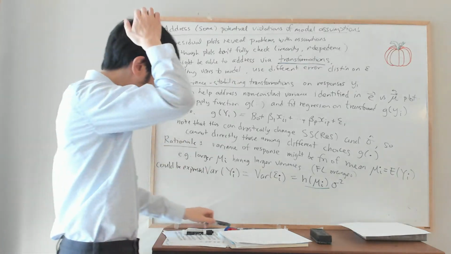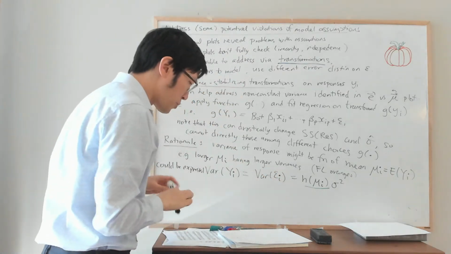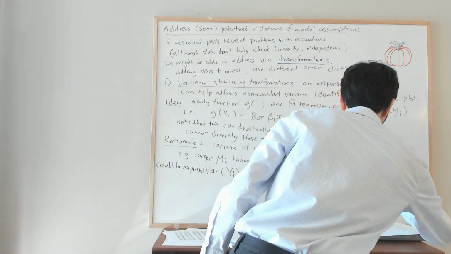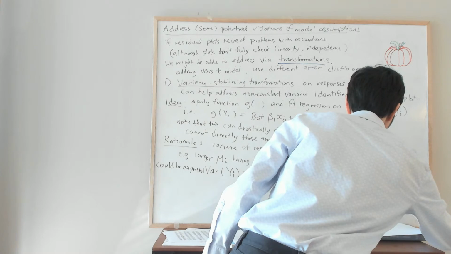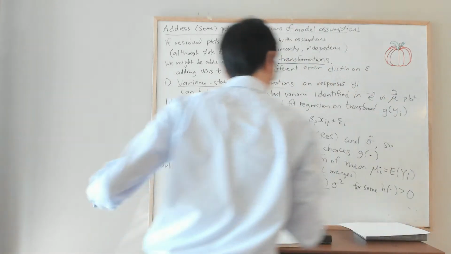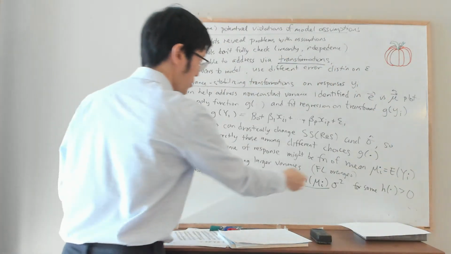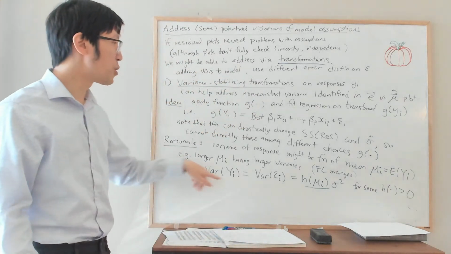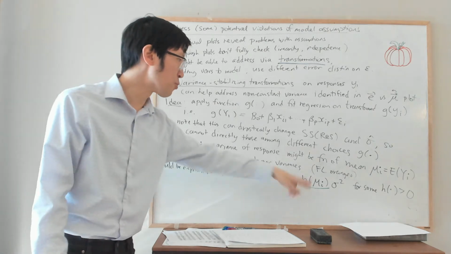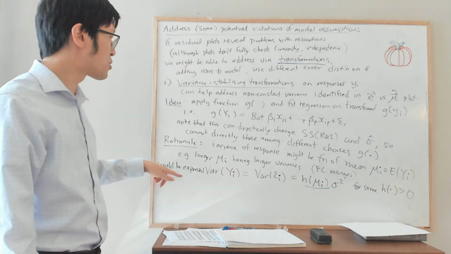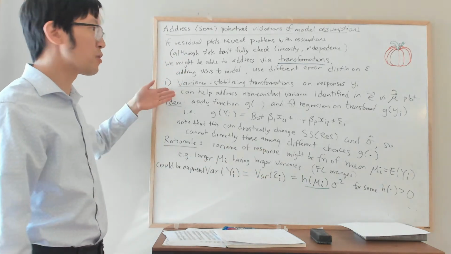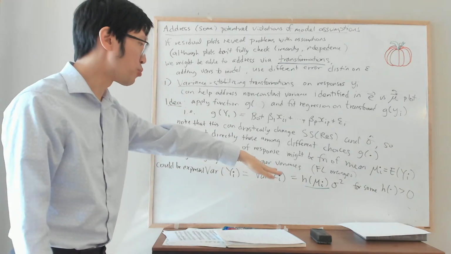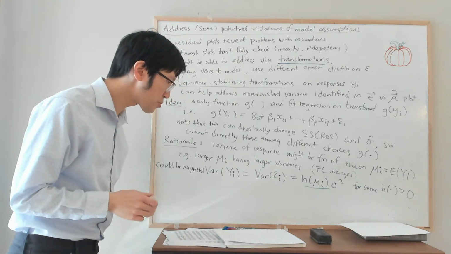That's what this function h is doing, for some function h which is of course positive because the variance has to be positive. This is specifically the case where applying a transformation on yi can help to solve this problem.